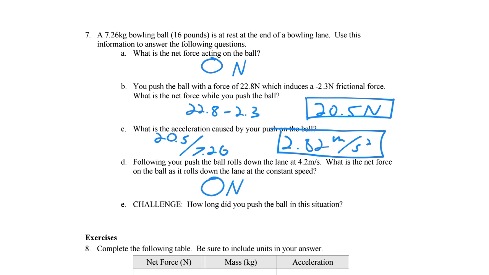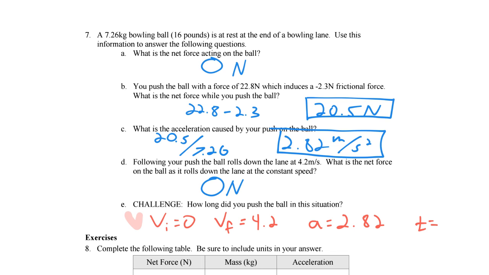So we're going to use a kinematic to figure out how we went from an initial velocity of 0 to a final velocity of 4.2 meters per second with an acceleration of 2.82. And now we just have to find the time. So let's pick our kinematic that links all three of these. We're looking for the one that doesn't have distance in it.